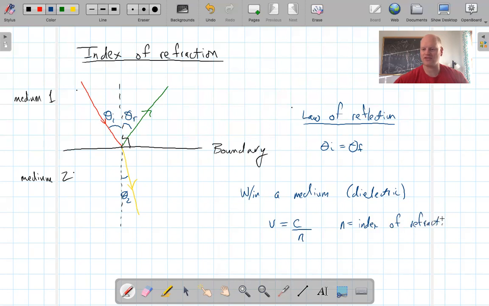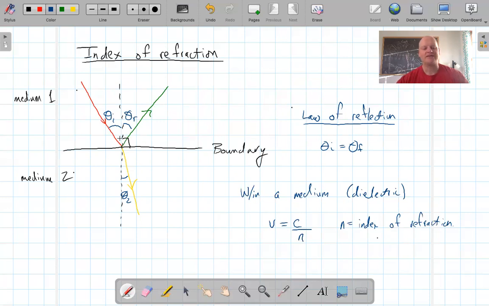This index of refraction causes the light to slow down, which causes some interesting optical effects. This is what happens when you look at a pool and somebody's legs look shorter than they actually are, or when you look into a glass of water and the straw looks bent at a different angle inside of the water or your soda. All of this is an optical effect based on the fact that light travels slower inside the medium as opposed to in air.